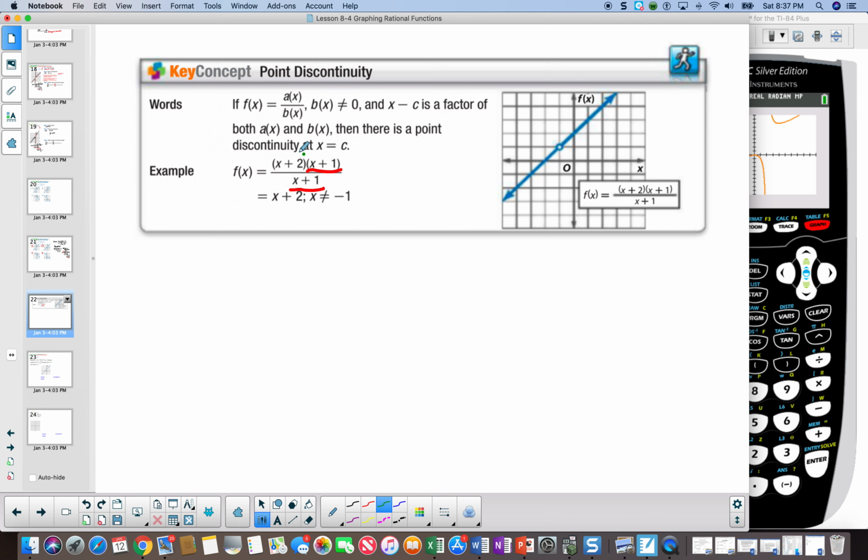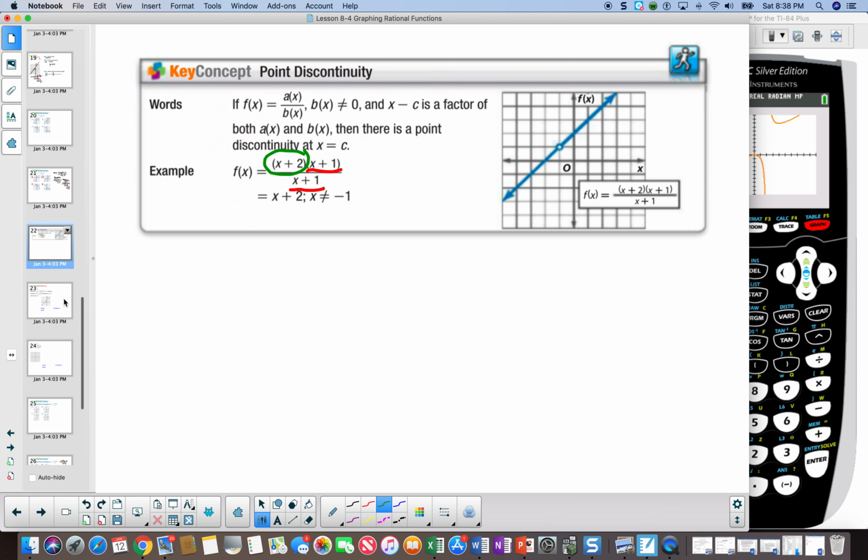It instead wants to graph what's left over if you were to reduce these by canceling these. And so it wants to graph just the leftover factor, but it creates a hole here where the denominator cannot equal 0. So that's kind of an interesting graph, which is called point discontinuity.